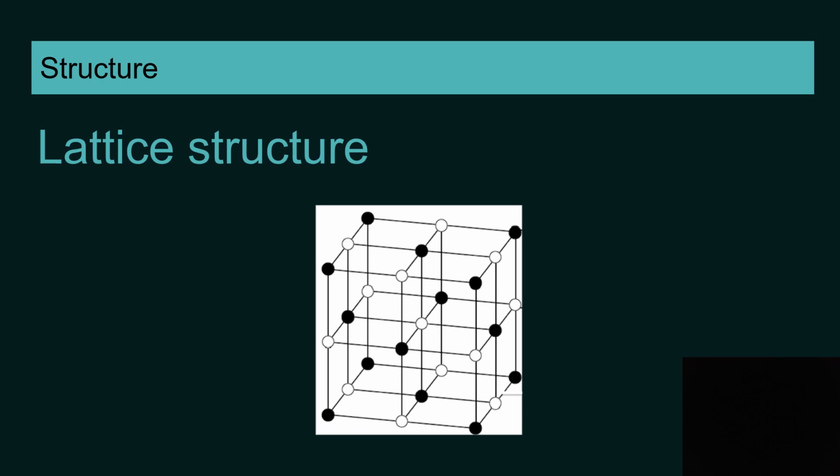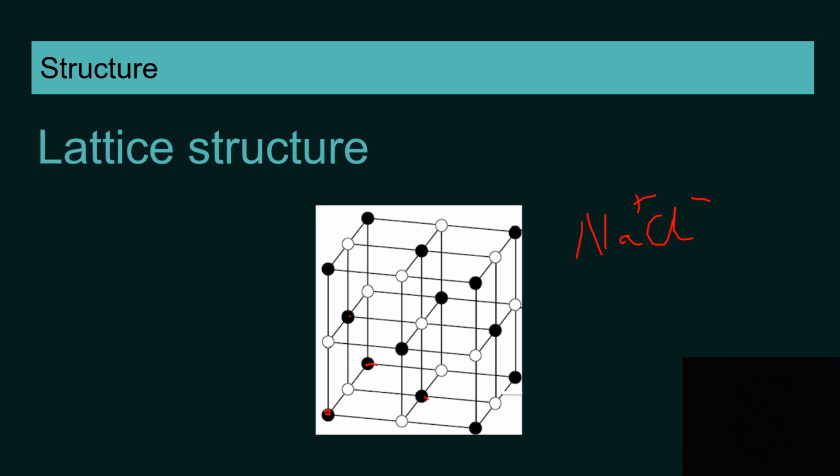So next up is the lattice structure of the ionic compound. Just imagine it's like a 3D net shape. Let me give you guys some compounds. We have sodium chloride again, which is salt. Let's assume the black is the chloride and the white is the sodium. Here we can see that the sodium gets surrounded by 4 chloride, 1, 2, 3, 4, and it's repeated.